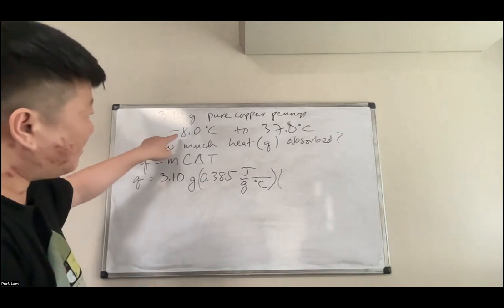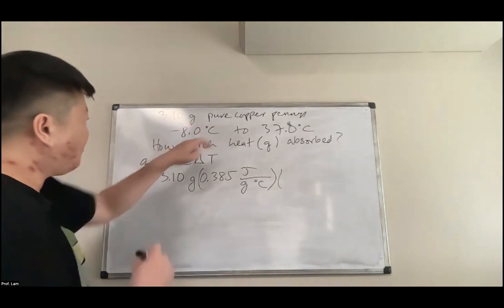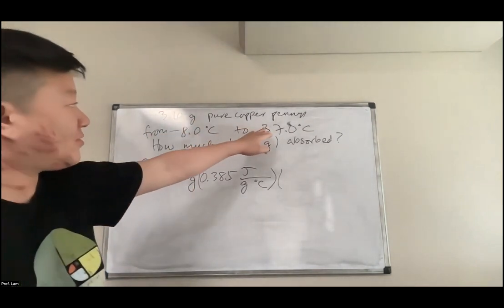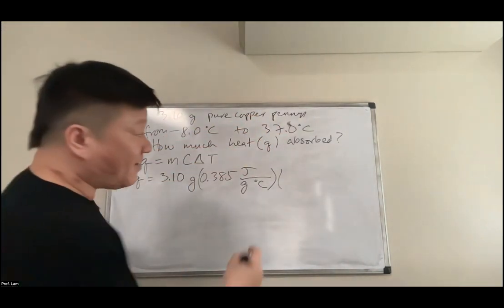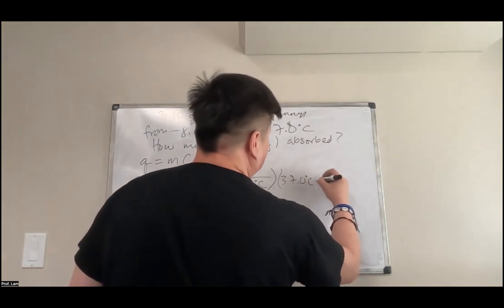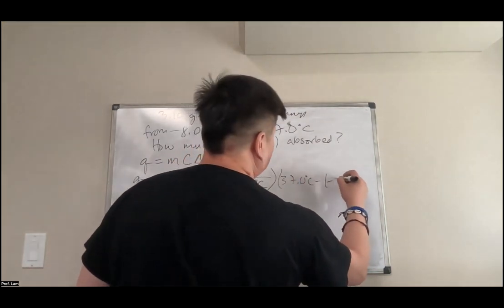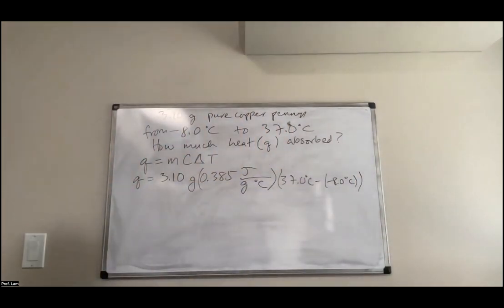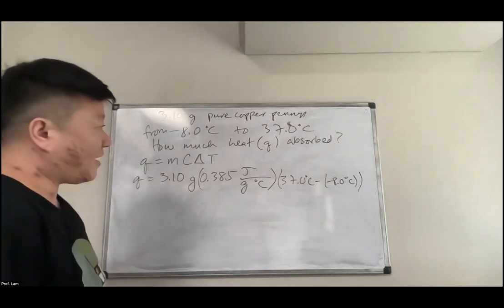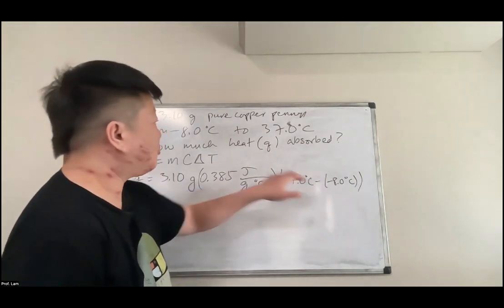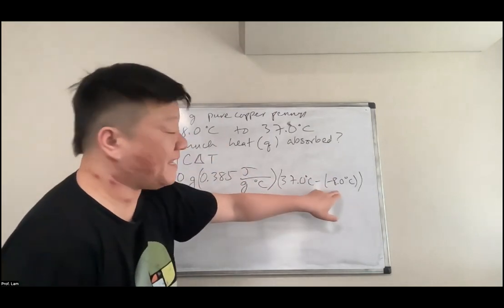Use the language. It will tell you from here to there, from negative 8 degrees Celsius to 37. That means 37 is your final and negative 8 is your initial. And be careful here, because you're doing 37 minus the initial, but the initial is negative, so it's minus a negative.